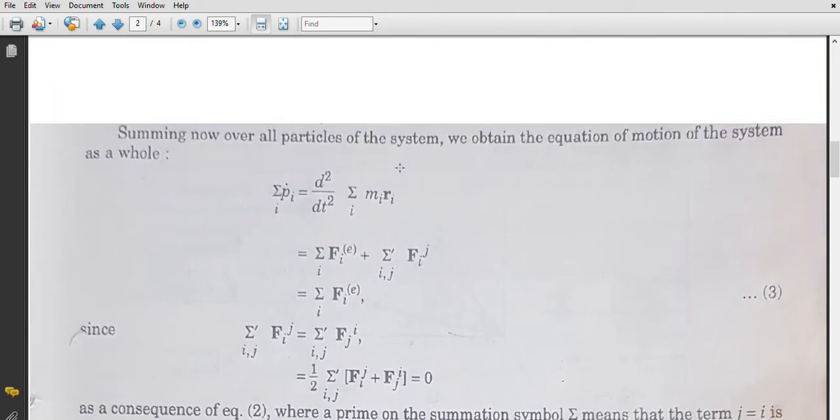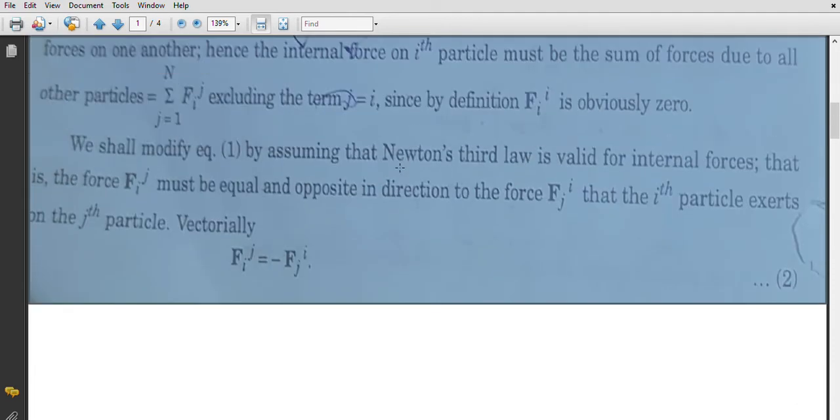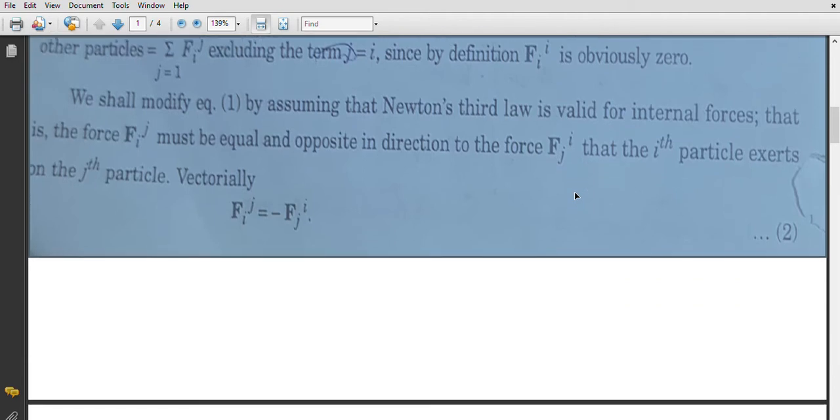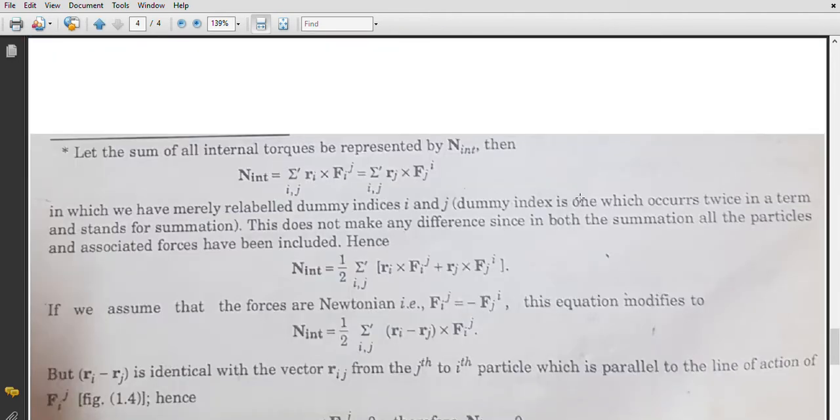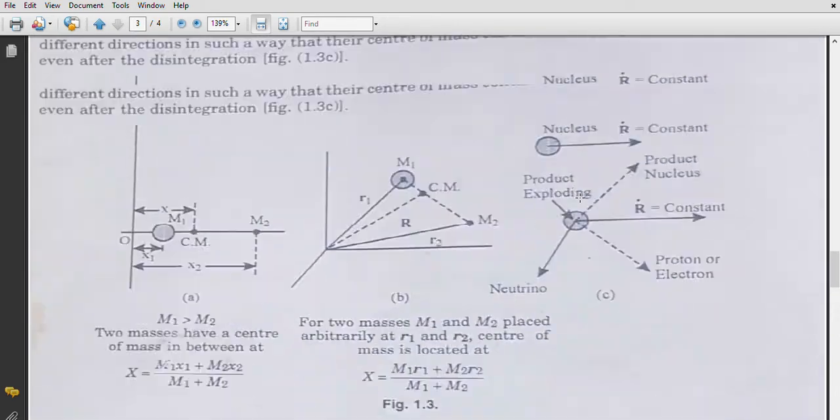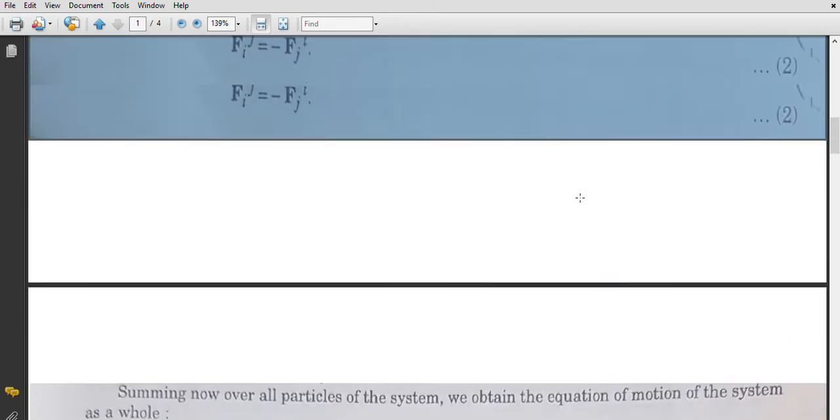But I will show that the internal force sum is 0, because according to Newton's third law, the force exerted by the ith particle on the jth particle will be equal and opposite to the force acting on the ith particle due to the jth particle. That is, Fij will be equal to minus Fji.